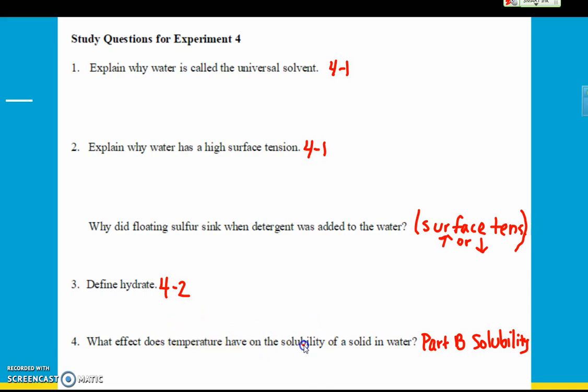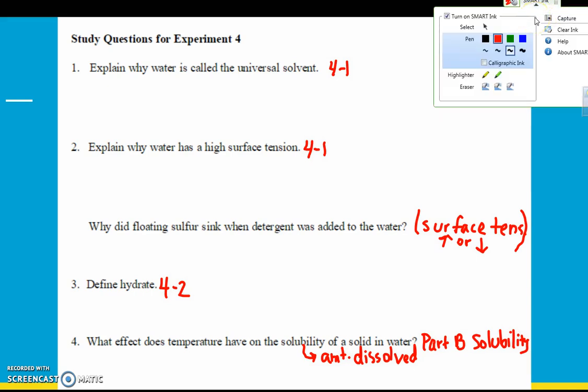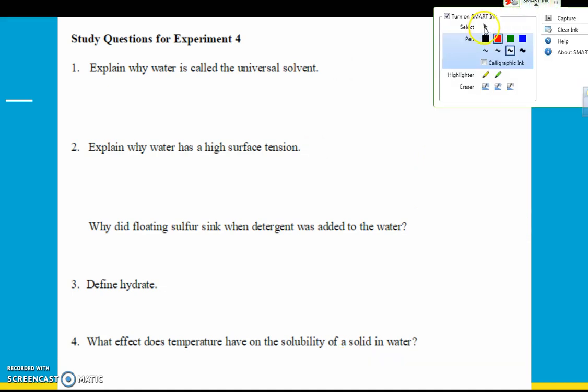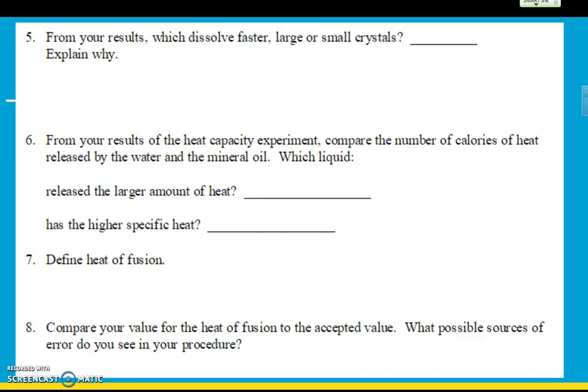So solubility means amount that will dissolve. So more soluble means more will dissolve. Less soluble means less will dissolve. All right, next question is, which dissolve faster, the large or small crystals?